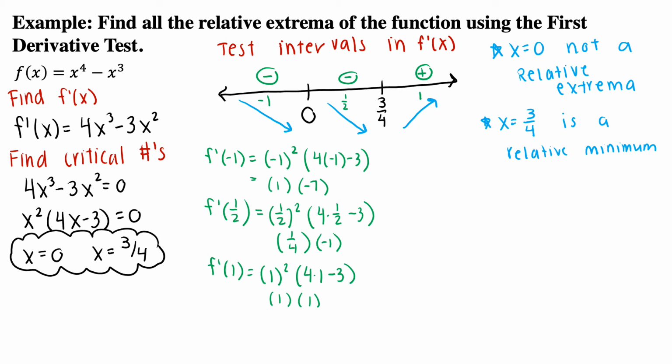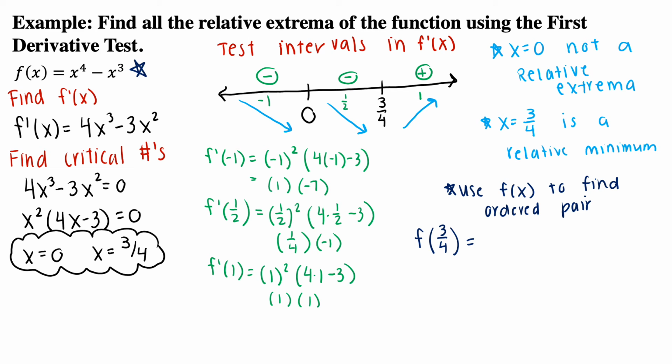So the added step today is we're going to use our original function f of x to find our ordered pair. So we're going to plug in f of 3/4. So going back to our original function, we get 3/4 to the 4th minus 3/4 to the 3rd, and I'm going to reach for my calculator for this one. 3/4 to the 4th minus 3/4 to the 3rd, and we get a decimal equals negative 0.11.